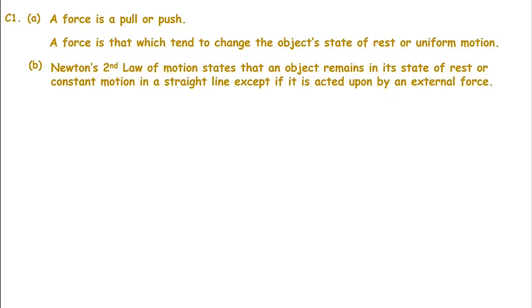So Newton's second law of motion, or let me put it in this way, states that unbalanced forces acting on an object produce an acceleration which is directly proportional to the force and inversely proportional to the mass.